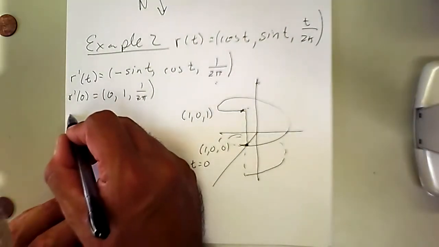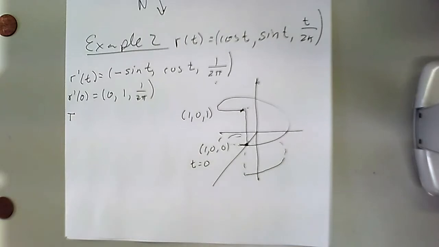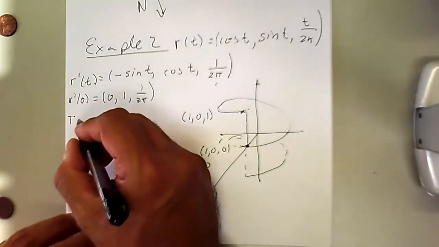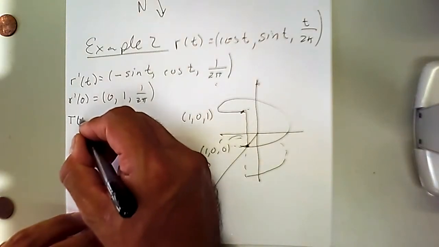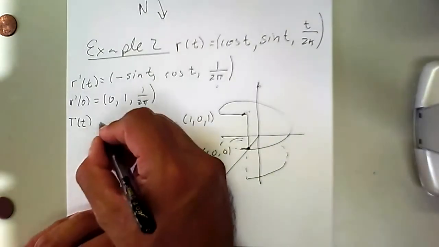The unit tangent vector, from a previous video, is the one that is really complicated.